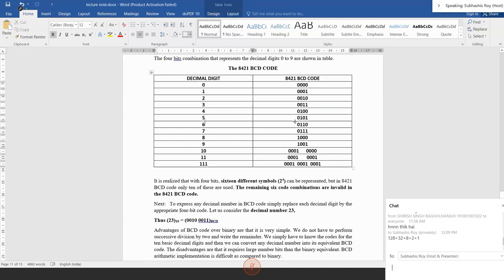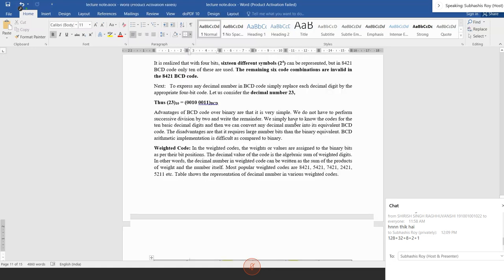So this is the way we can convert any number to any other number system, and this is the way to convert BCD to binary and binary to BCD. But whenever I am doing BCD to binary or binary to BCD, I need to go first to the decimal number system.